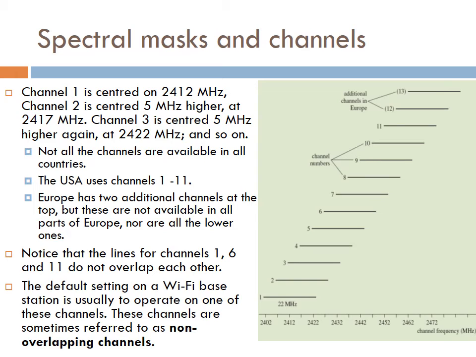If we are using channel 1, the remaining channel that does not overlap with channel 1 is channel 6, for example. And if we are using channel 1 and channel 6, the channel that does not overlap with these 2 channels is channel 11. So 1, 6, 11, spaced by 5 channels, will not have overlapping parts.